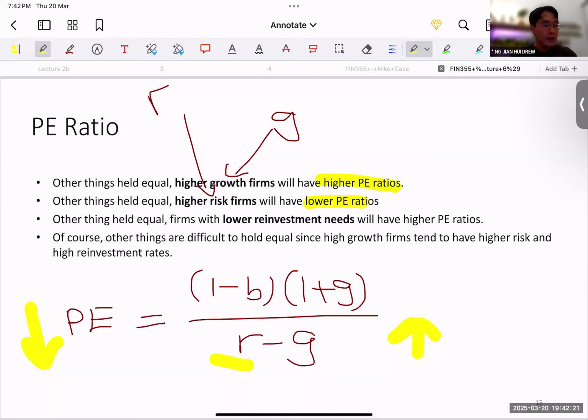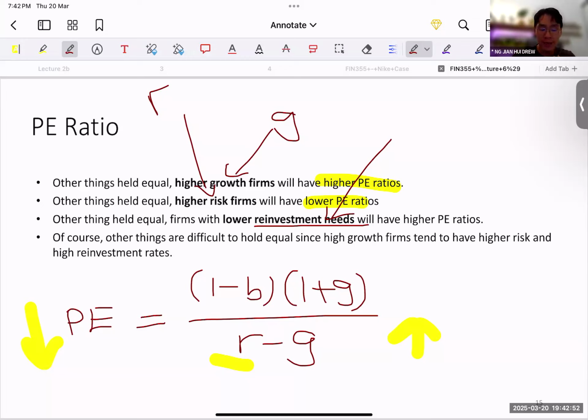Okay. Next one, the firm has lower reinvestment needs. So what does reinvestment needs relate to? Yes, correct, but then you're looking at B, the retention ratio.